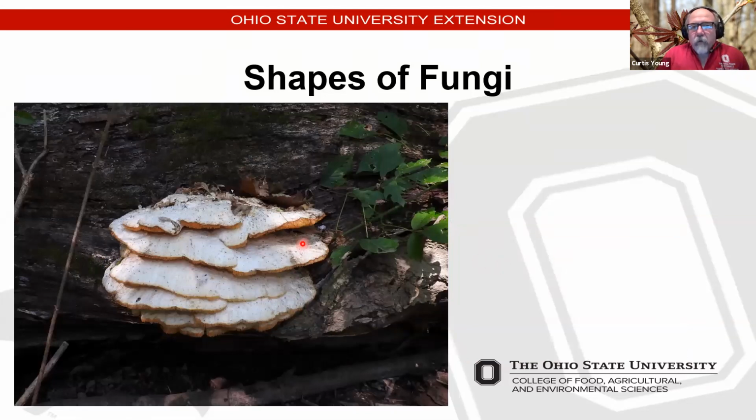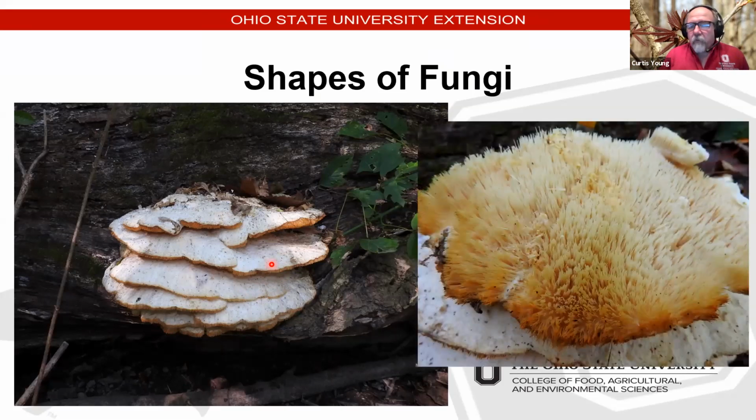An even stranger type of shelf fungus is this one called the northern toothed polypore. Initially, when you look at it from above, it's not all that unique in its appearance until you pull it off and look on the underside, and you will see a collection of long teeth sticking down from the undersurface of that shelf fungus.